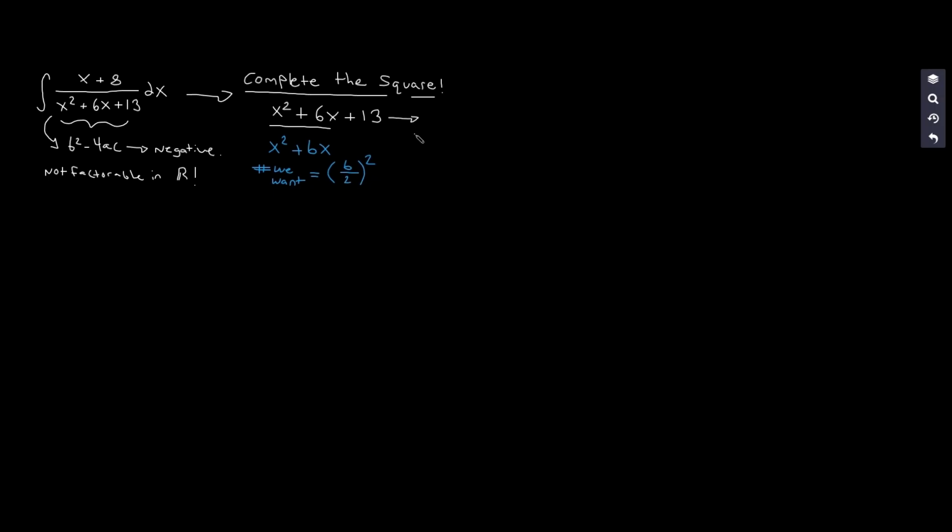For us, b is equal to 6, so we're going to take 6 and half it, which gives us 3, and then we raise it to the power of 2, and 3 raised to the power of 2 is 9. Then we're going to add and subtract this 9 to our expression.